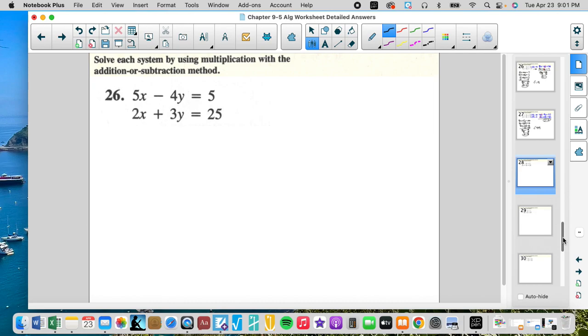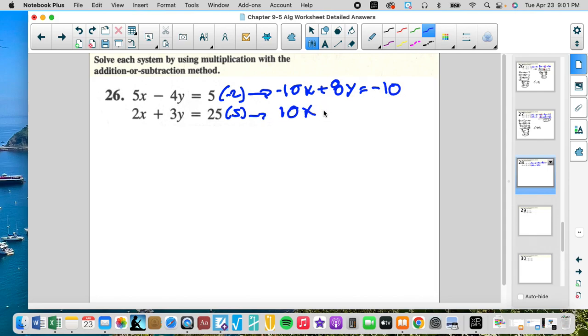26. I did say that it'll probably be 34 or 35 problems. Let's do this negative 2. Let's do this 5. I'm going to get rid of the x's. That's negative 10x plus 8y equals negative 10. This is 10x plus 15y equals 125. The x's cancel.